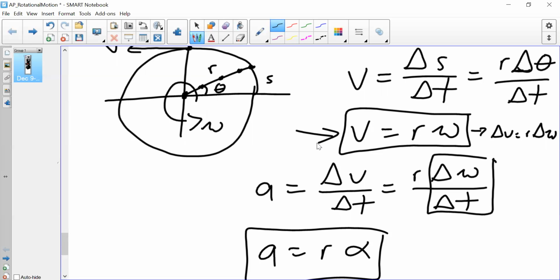But their linear quantities are different because they have a different linear distance from the center, a different radius. So in terms of linear velocity, this particle here will be moving slower than this one out here, linearly. Angular wise, they're all the same.